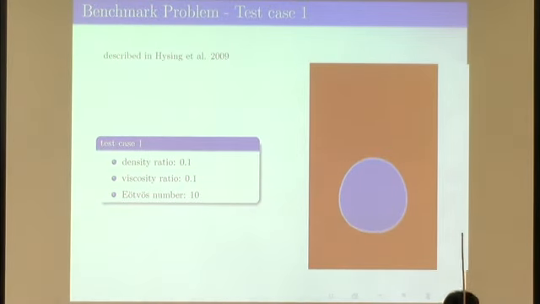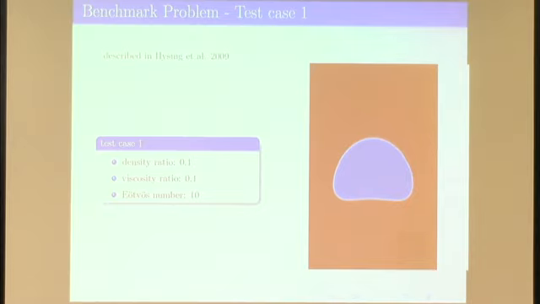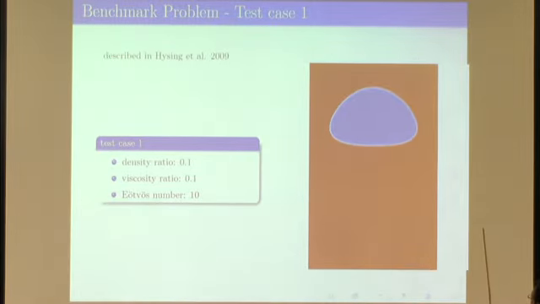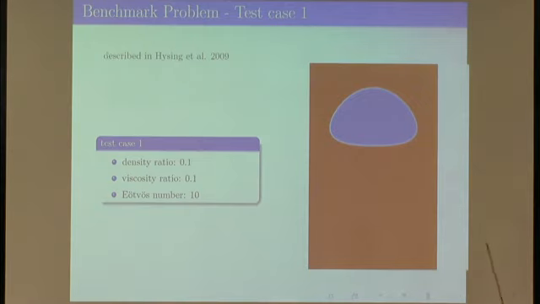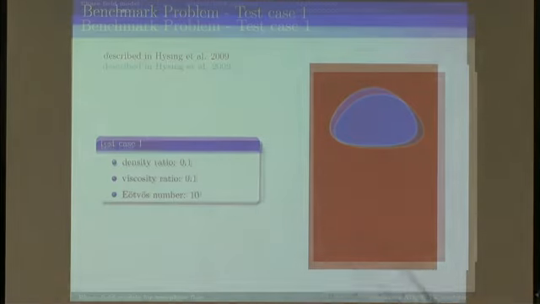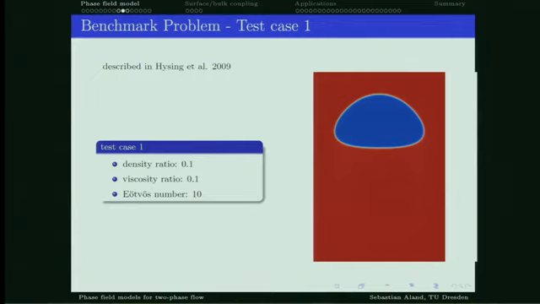If you have a two-phase flow model, the first thing you want to do is basically verify that it's doing the right thing. For usual flow applications, there are lots of benchmark problems. This is one of the most famous ones, described by Stefan Turek, where you have a single bubble and you watch it rising. The bubble is lighter than the surrounding red fluid, so the bubble will rise when you let it go.